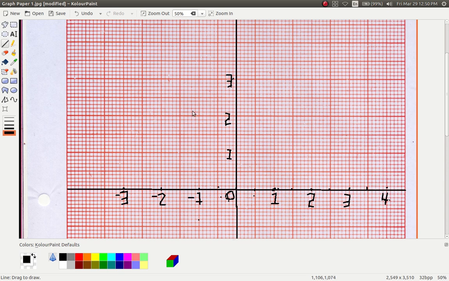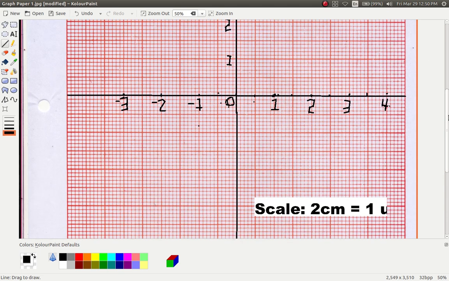Then below the x-axis, along the y-axis I have 1 centimeter, 2 centimeters, that's negative 1. 2 centimeters, that's another unit, negative 2. 1 centimeter, 2 centimeters, that's negative 3, and so on and so forth.